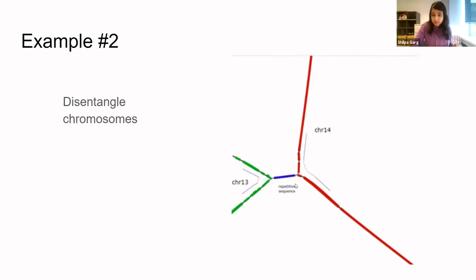For example, because of this repeating structure, there are two chromosomes that got merged in one component. Because the Hi-C reads of these components are in different territories, we can also disentangle the different chromosomes using Hi-C connections.